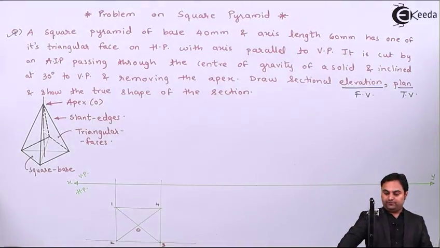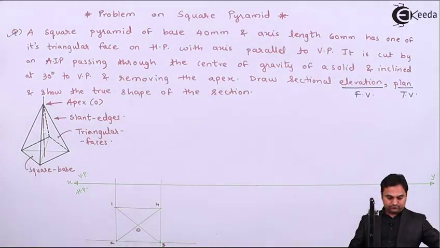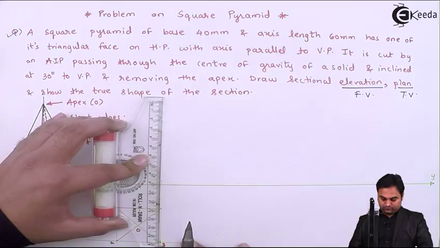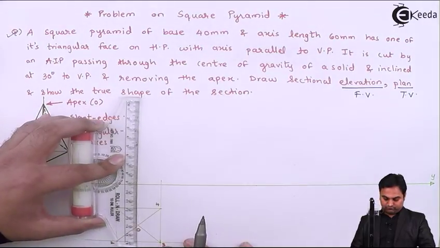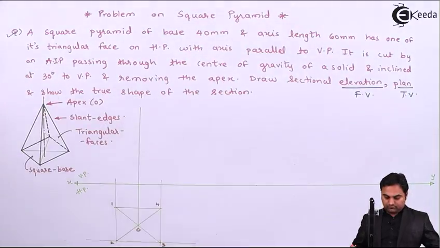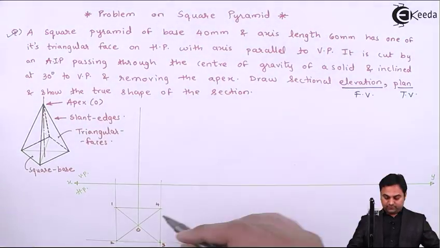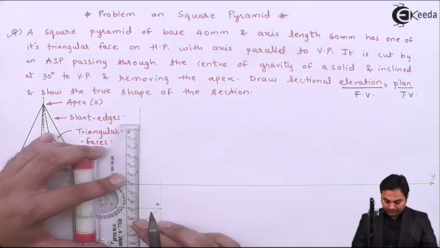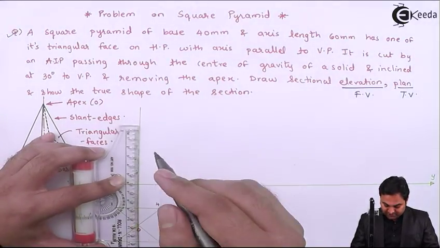Next, projecting the front view. The axis height is 60 mm. So on this projection of O, I will be measuring 60.